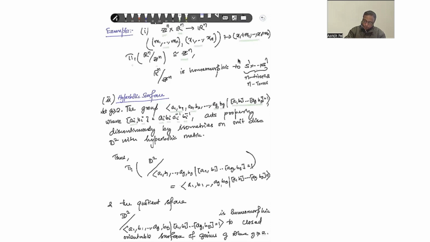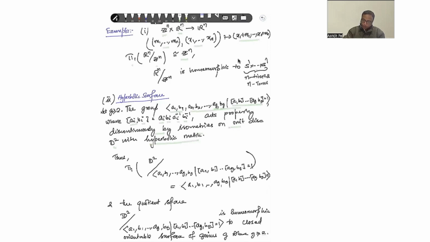This group acts properly discontinuously by isometries on the unit disk with the hyperbolic metric. In some class we will prove that. So this group acts properly discontinuously by isometries on the hyperbolic plane, or you can take the unit disk model of the hyperbolic plane.